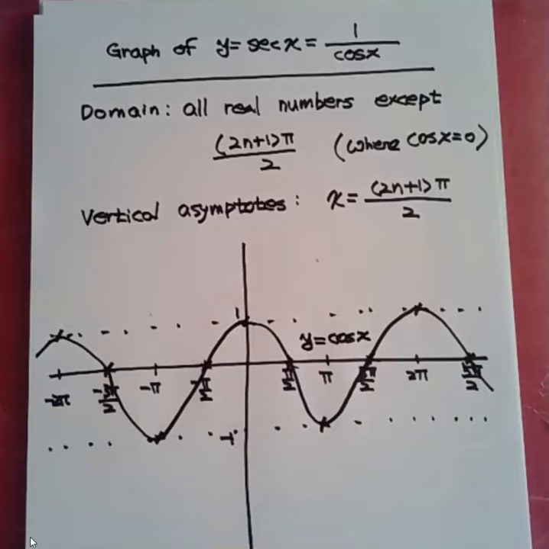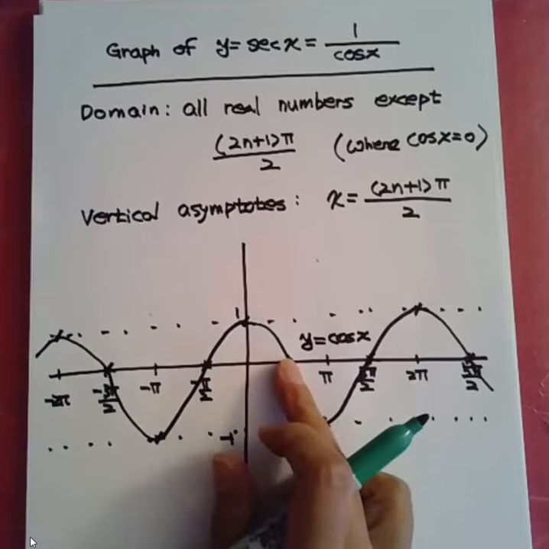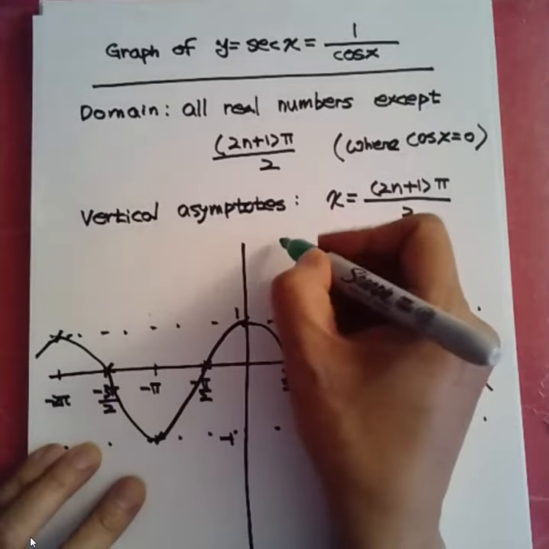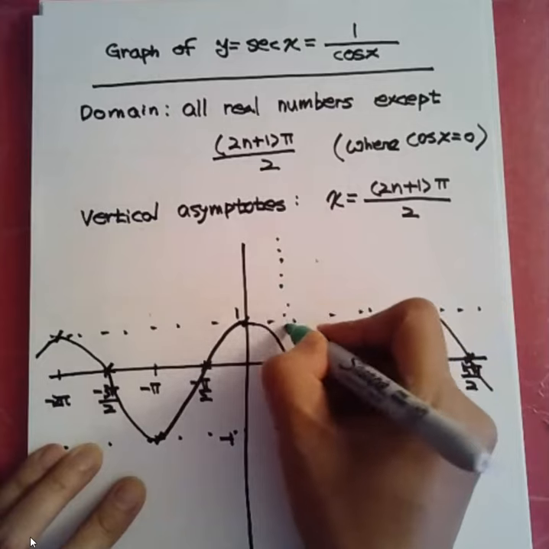And then we discussed the vertical asymptote. Whenever cosine becomes 0, the secant function is undefined. So let's specify the vertical asymptotes.